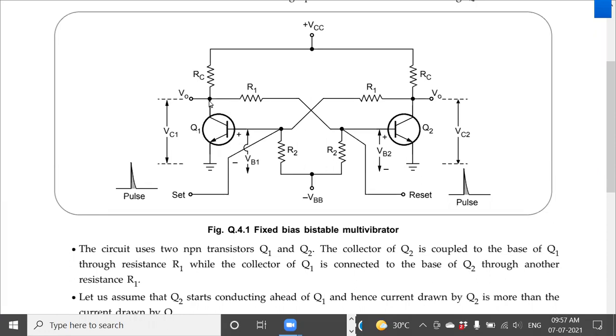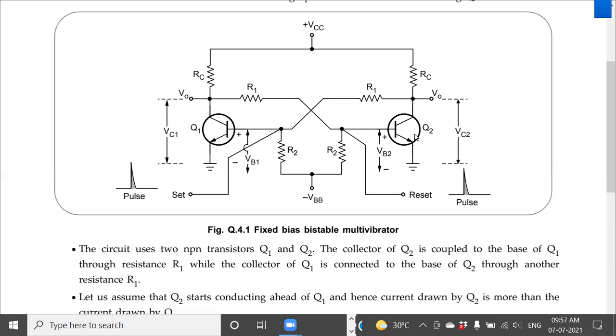Off direction means this voltage VC1 will increase. VC1 is a positive voltage, and it is increasing. Again this is NPN, the base is the P side, so the positive voltage is increasing, and Q2 will further move into the on direction.